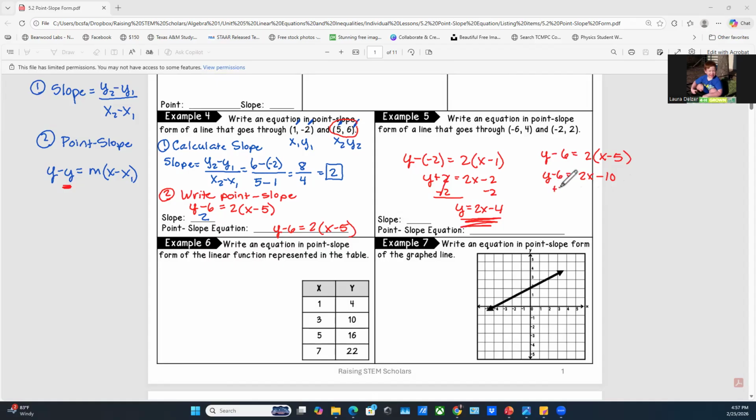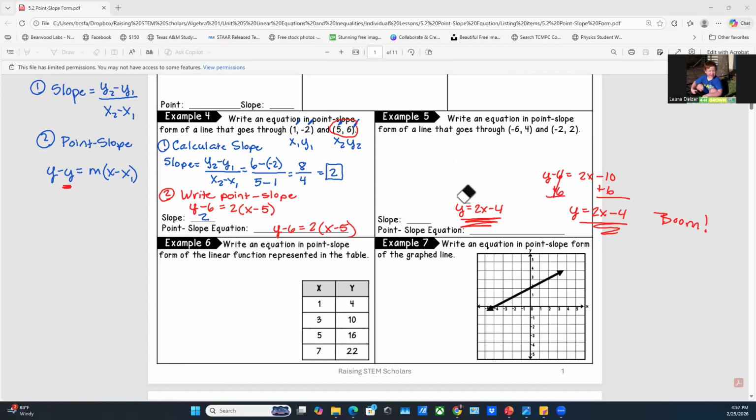I'm going to add 6 to both sides. And so we're going to get y equals 2x minus 4. Boom, okay? You see, it's the exact same thing. So either point will work, no problem at all. So it doesn't matter which one you pick when you solve these problems.